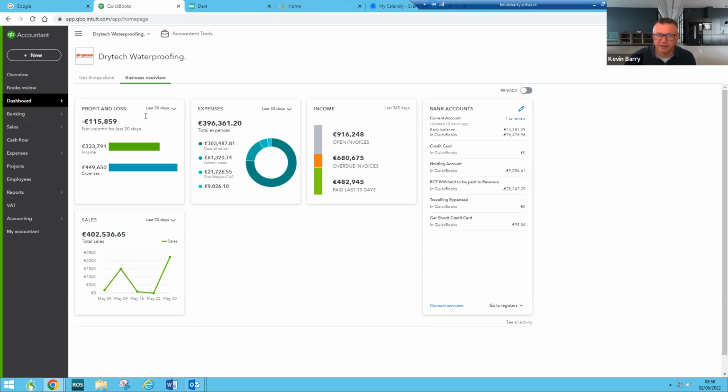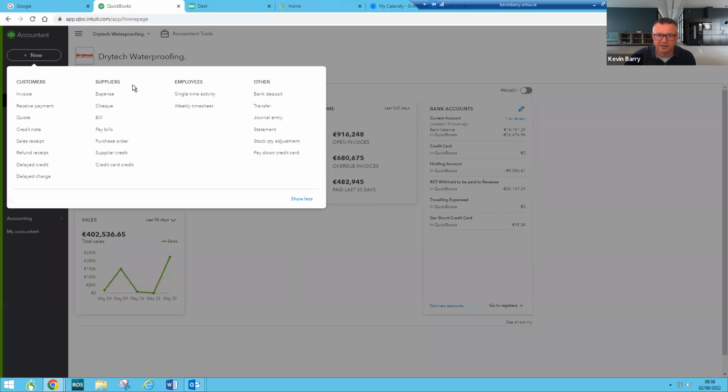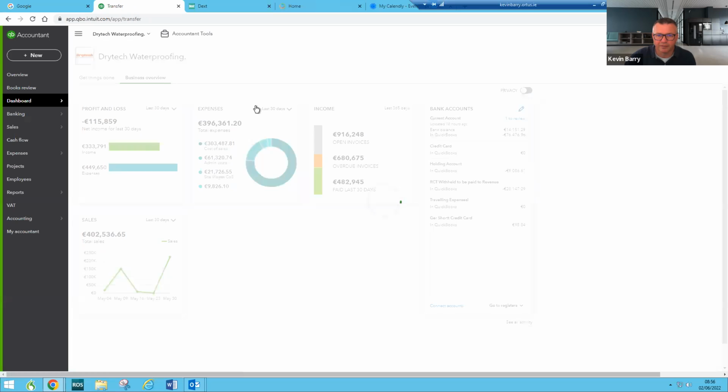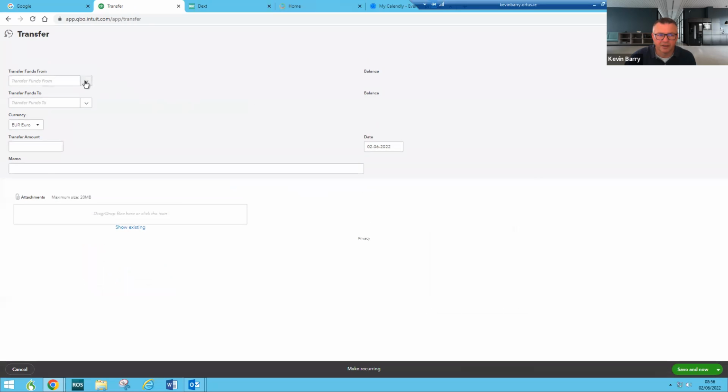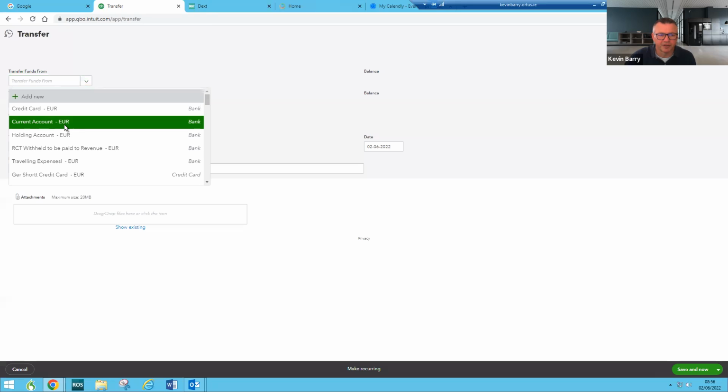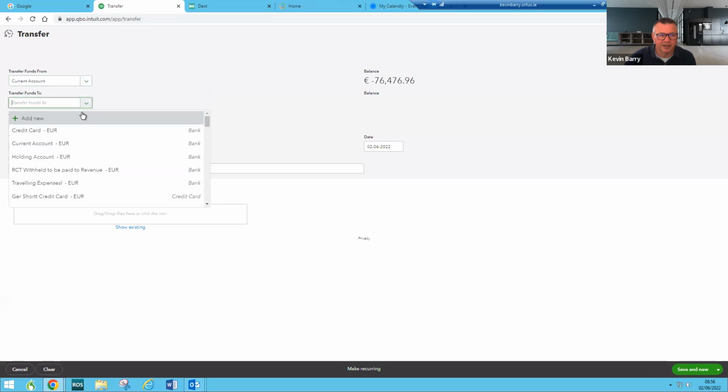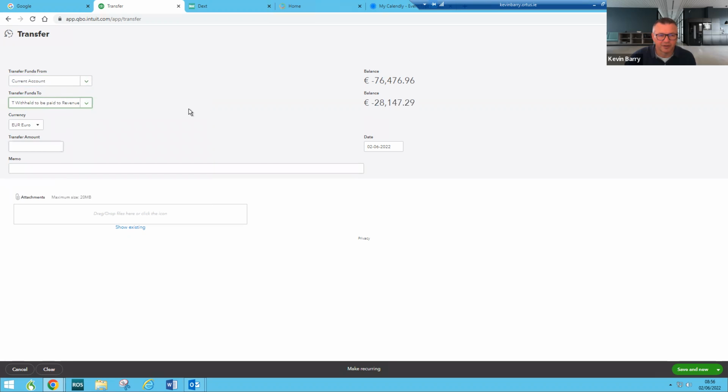so if that 2,000 was going out today, this is what you'd do. Say it was just that two. The transfer funds will be from the current account where you're holding all your money. It'll go against the money we've set aside. Held back, in other words. Sorry, 2.